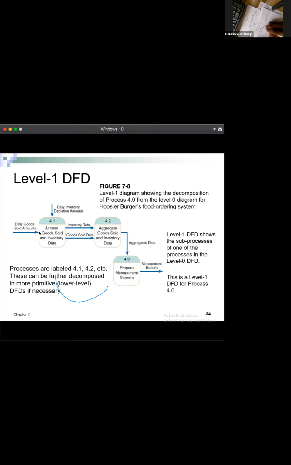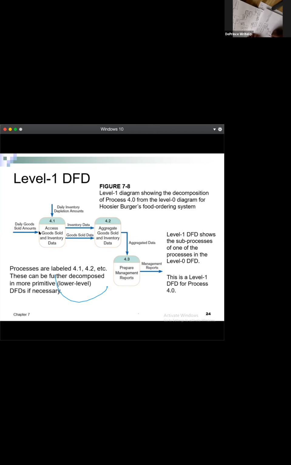Then you have your first process, 1.0, receive and transform order. Okay. Then it goes on to the next process. All right. Here you give the goods sold data. Goods sold. Okay. Goes to that 2.0 process.